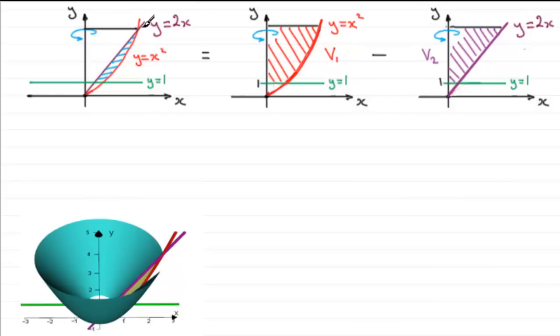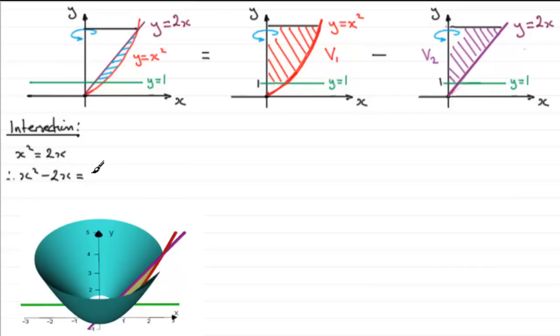So we need to find out this y value here. It's the point where y equals x squared and y equals 2x intersect. So if we're going to work out that point of intersection, let's just put a subtitle here, intersection. And that means that we've got to equate x squared with 2x. So x squared would equal 2x at that point. And in the usual way, I'm going to subtract 2x from both sides.